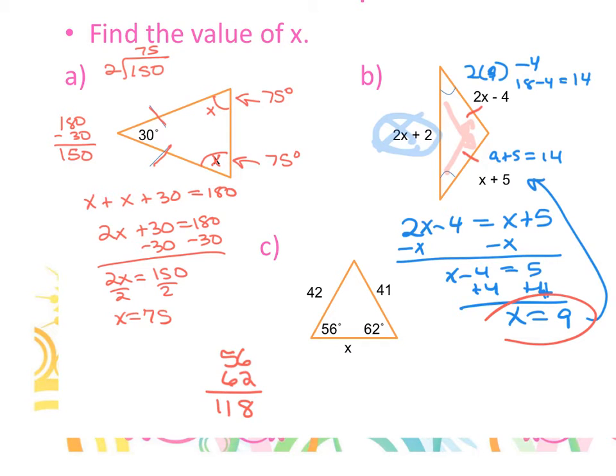I'm going to subtract that from 180 because that's what the three angles should add up to be. And the missing angle in my triangle is 62 degrees. So here are the base angles, so the two congruent sides are this one and this one, making x equal to 42.